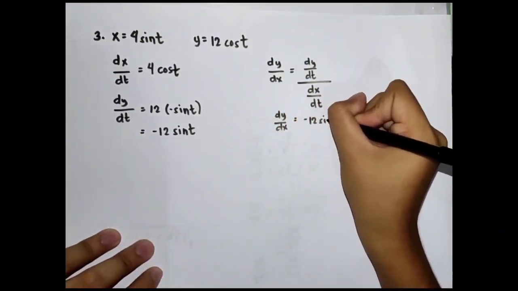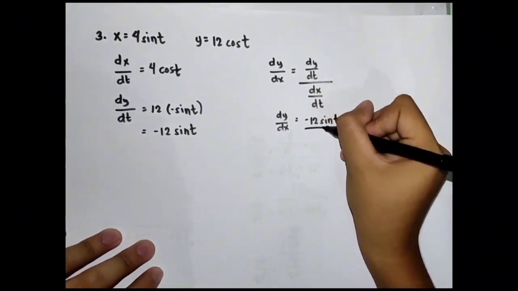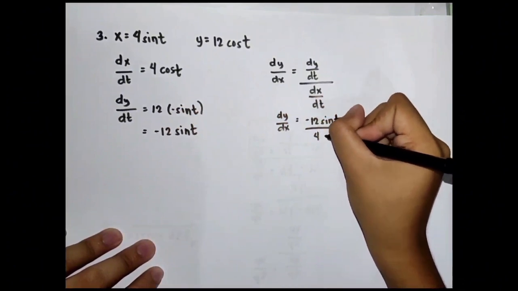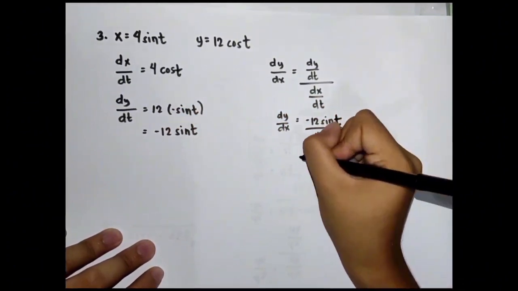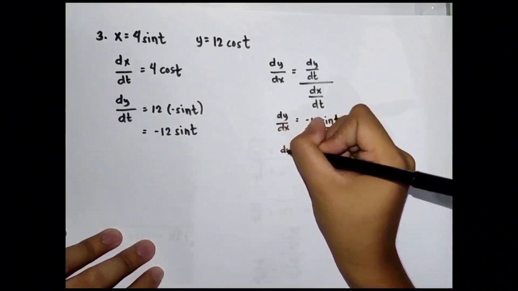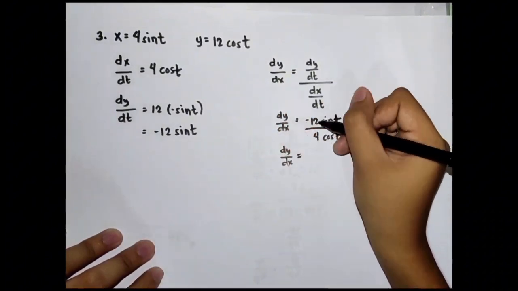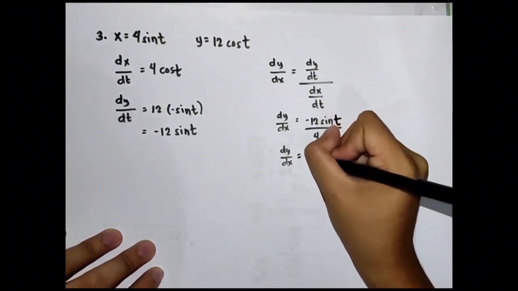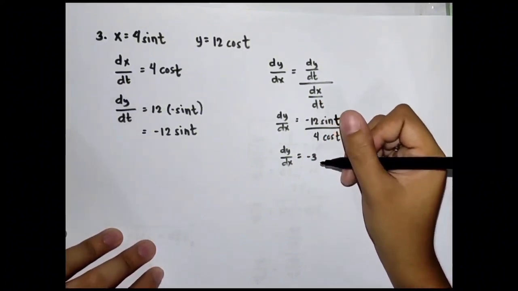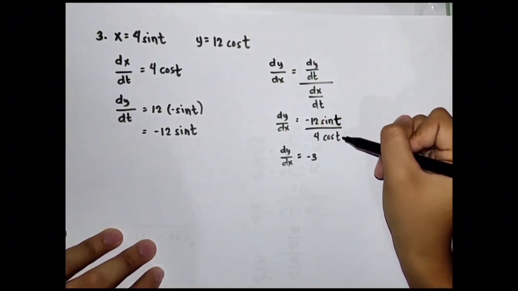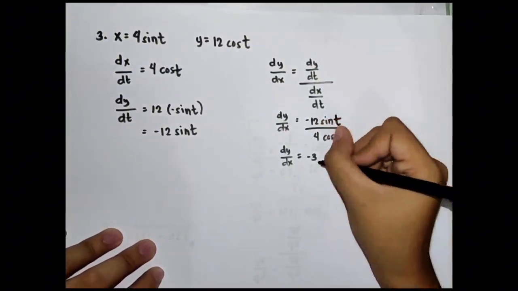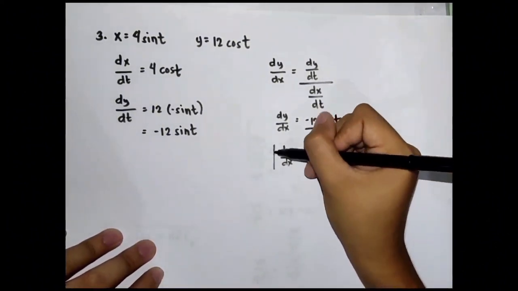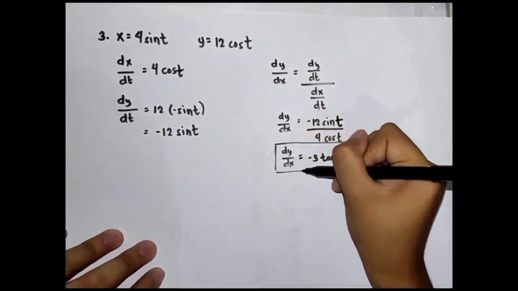Negative 12 sine t over the derivative of dx, which is 4 cos t, equals negative 12 divided by 4 equals negative 3 sine t over cos t is equal to tangent t. So this is the final answer.